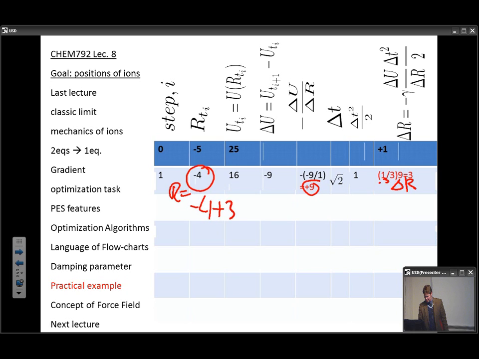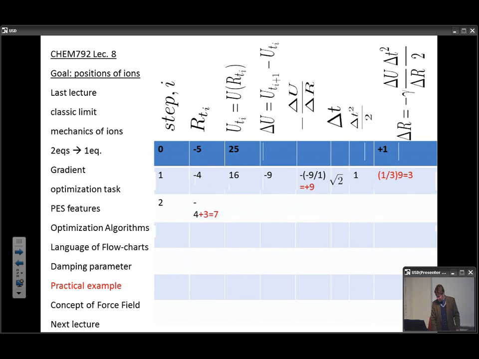We need -4 plus 3. Then we are getting -1. It will be our next step in our nuclear configuration of this irrelevant abstract potential energy surface. No, it's wrong. -1. Yes.